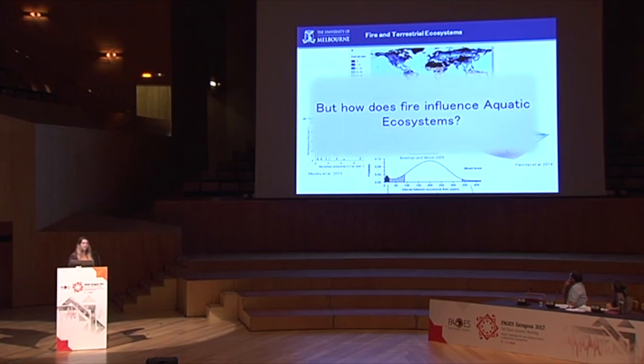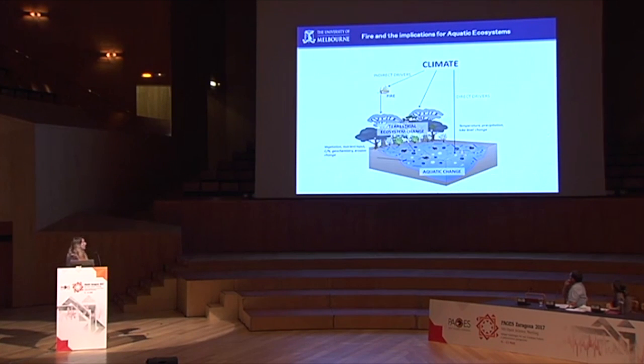my research comes in. So here's a broad schematic demonstrating some of the relationships from climate to aquatic ecosystems. So we have these more direct relationships that are more studied with aquatic ecosystem paleo records, so changes in temperature, precipitation, or lake level change.